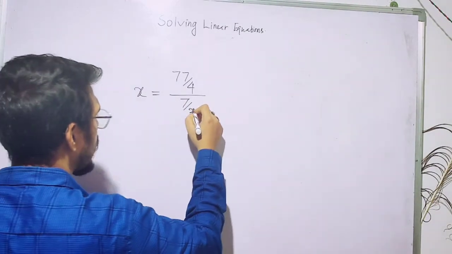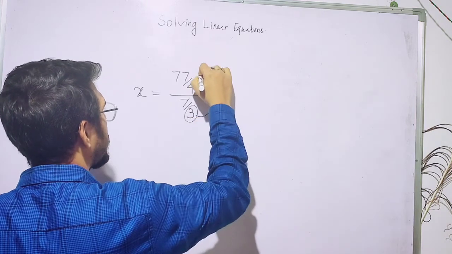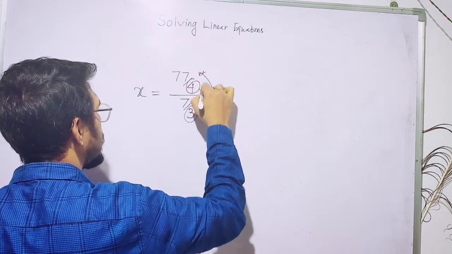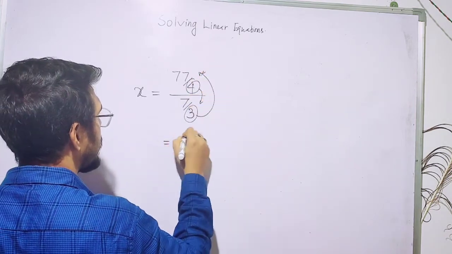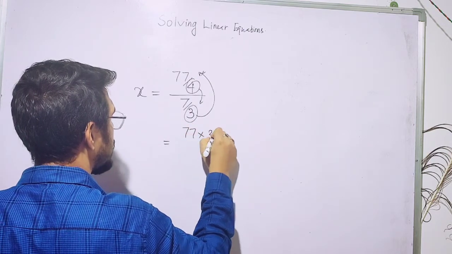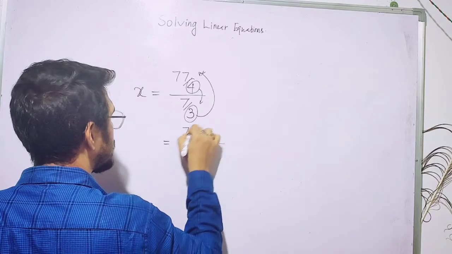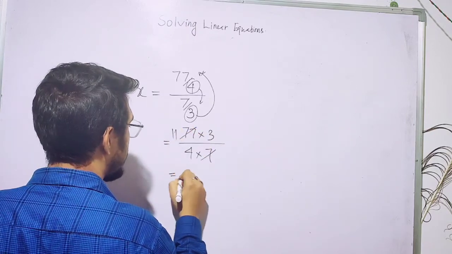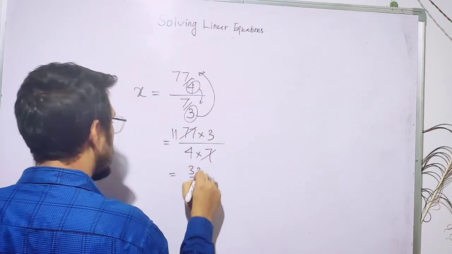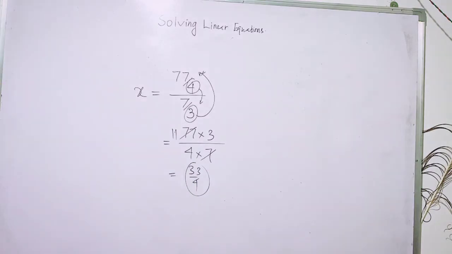That means we are talking about this term. This will go up and this will come down. So ultimately what we are getting is 77 times 3 divided by 4 times 7. So 7 and 77 cut with 11, so it will be 33 over 4, and that is the answer of this particular question.